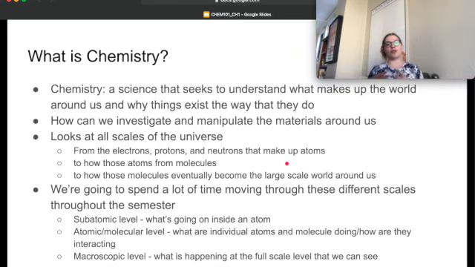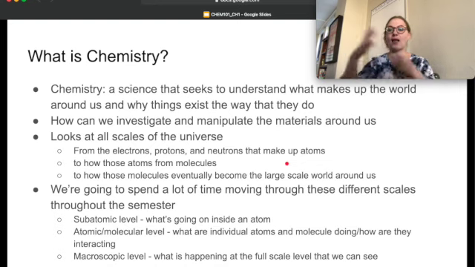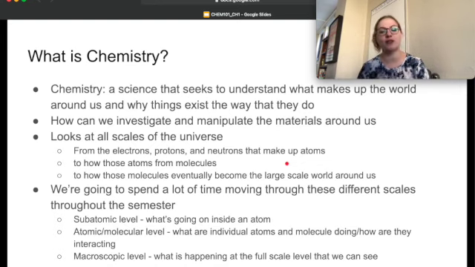We want to know how we can investigate and manipulate the materials around us, meaning how can I study the things that are around me, as well as how can I try to change or do something to that stuff. That's what differentiates some of the areas of chemistry that we might talk about as you start to specialize in chemistry. And we look at all scales of the universe.